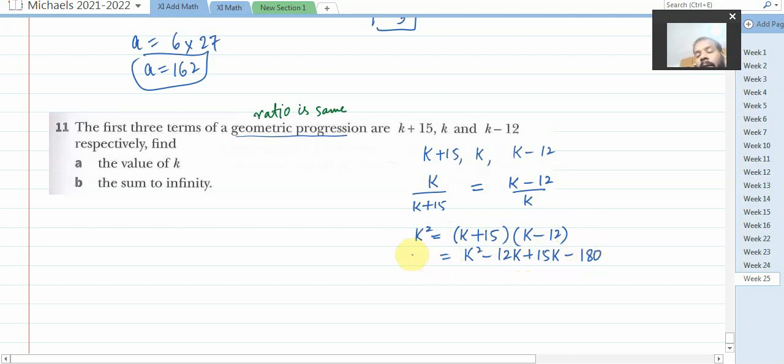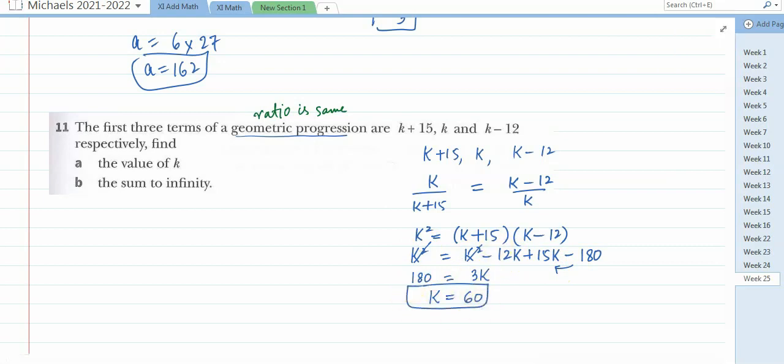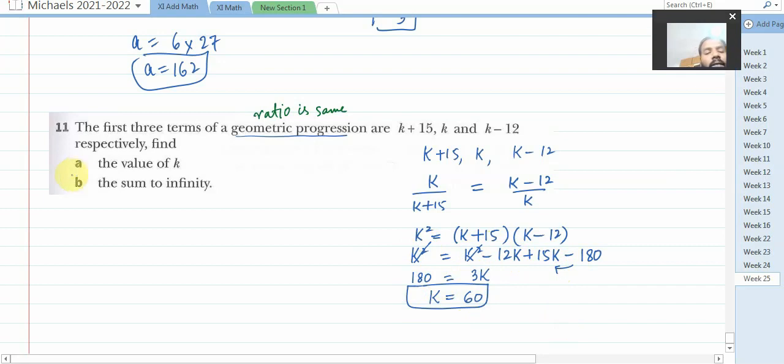On my left side we have k squared as well. k squared and k squared cancel. So what is the leftover part? Minus 12 plus 15, that is 3k. And if you shift minus 180 to the other side, it will be positive 180. You get the value of k, and that is equal to 60. That is your answer.